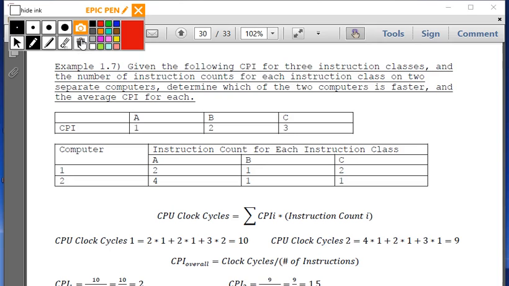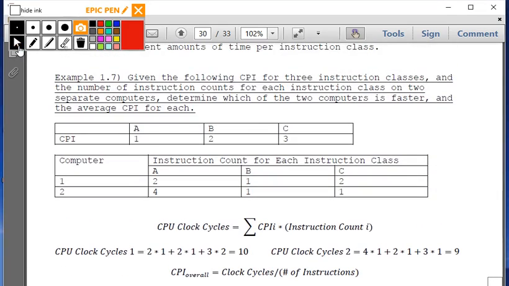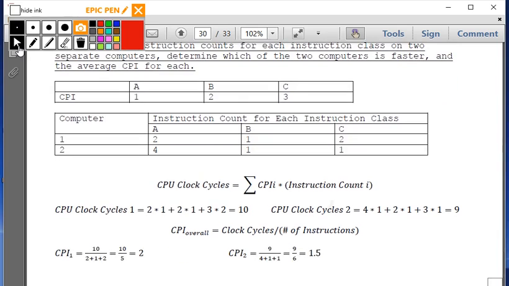So, determine which of the two computers is faster. Which one is faster? Why? I've heard both. Bingo. Fewer cycles per instruction, right? I have two computers, we've compared them, and I've figured out the average CPI. Since computer 2 requires fewer cycles per instruction to execute the program, computer 2 is faster.